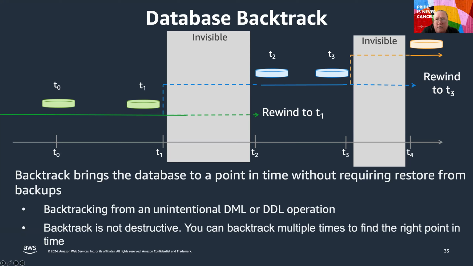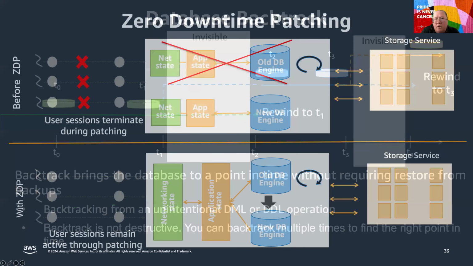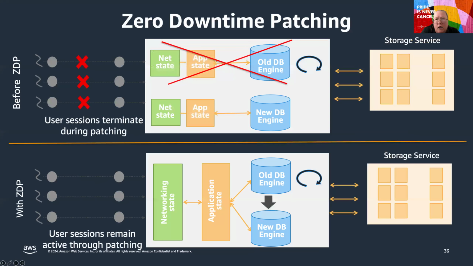What else is interesting when it comes to Aurora, and I'm thinking out loud here, is zero downtime patching. What is interesting about zero downtime patching, and now I'm going to use a word that I don't actually like, is that zero downtime patching, we call it ZDP as a feature, uses best effort, and the word I don't like is best effort.